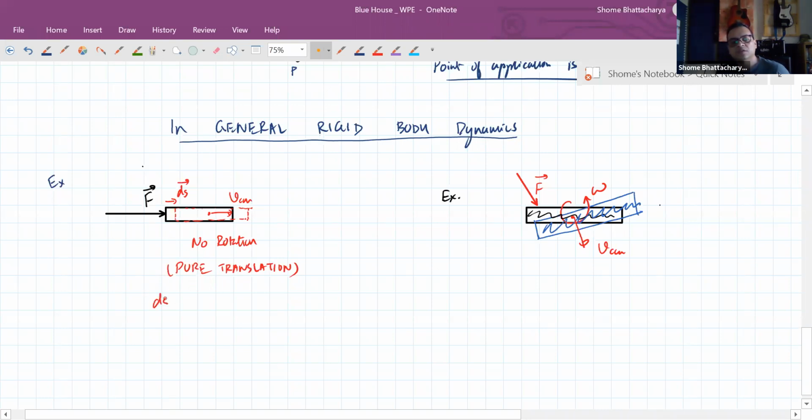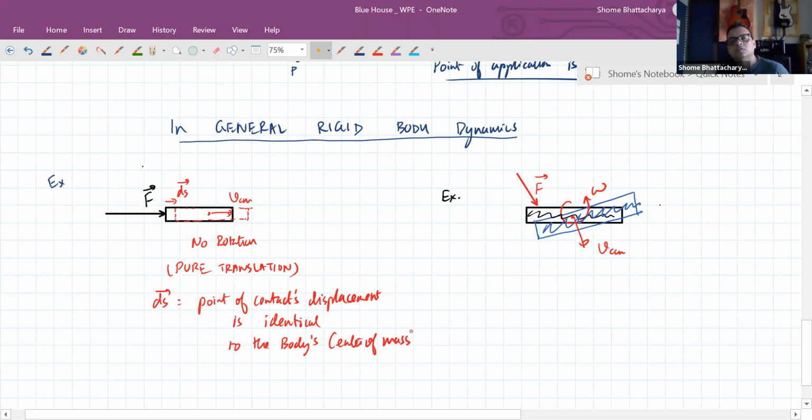The displacement of the point of contact is identical to the body's center of mass displacement.